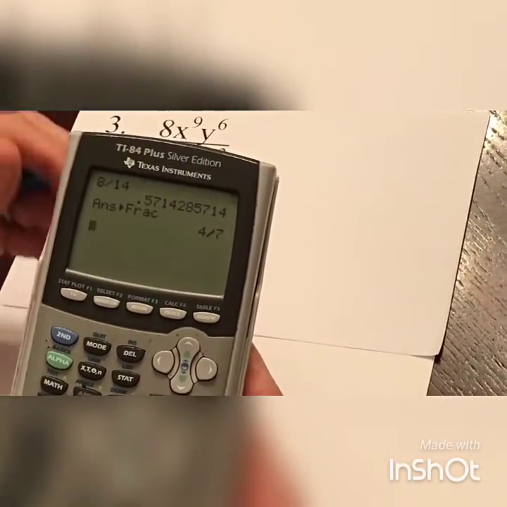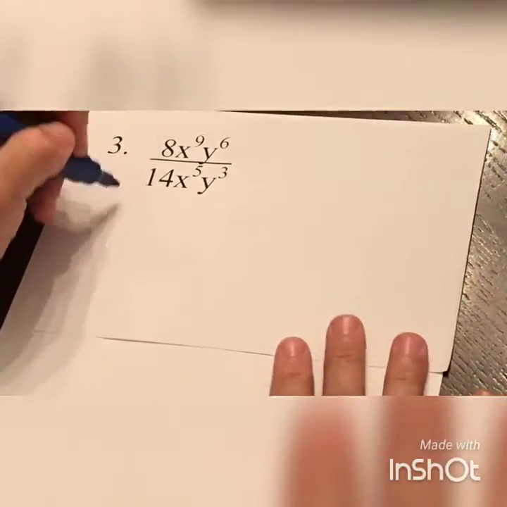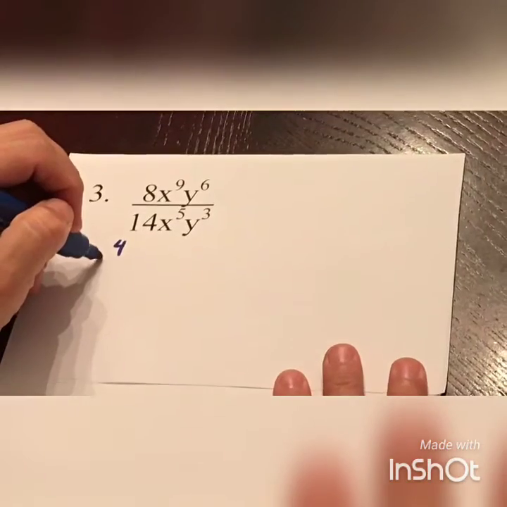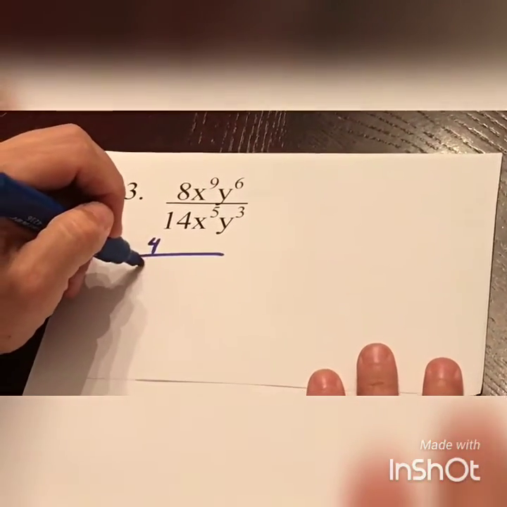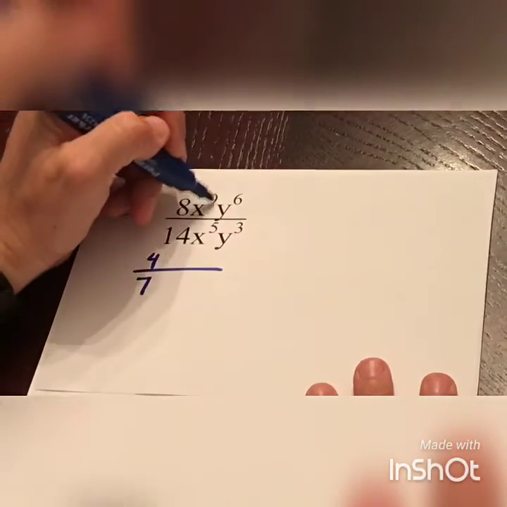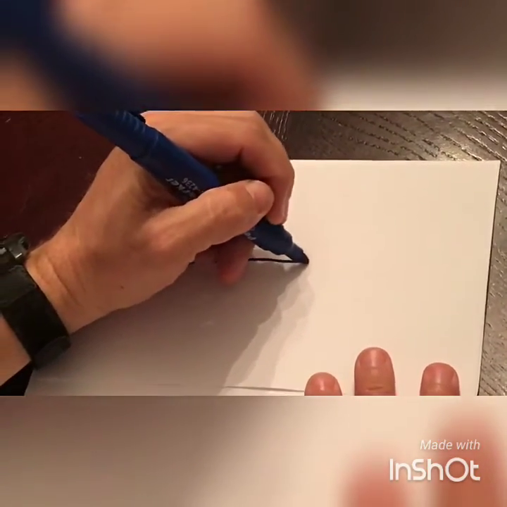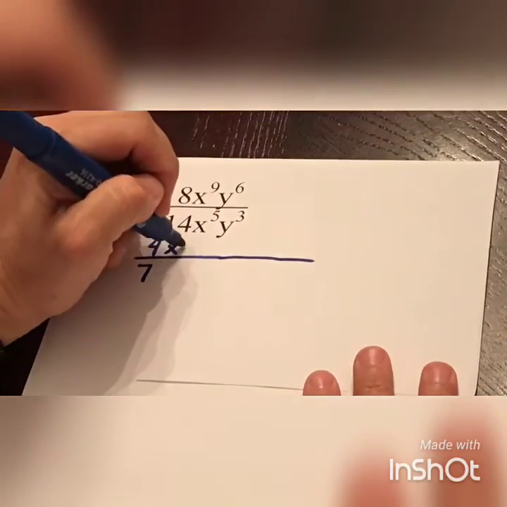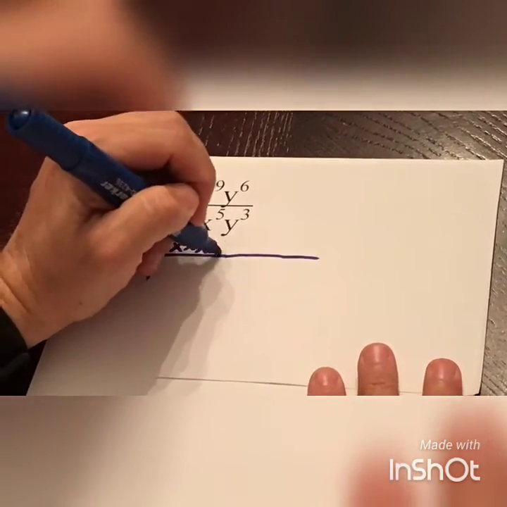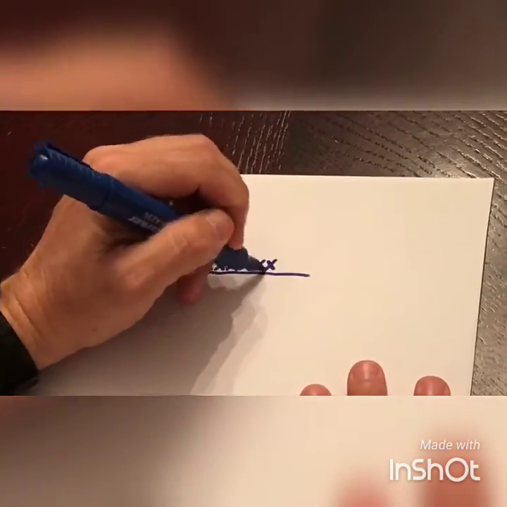We'll reduce it to our 4/7 fraction. 4/7. X to the 9th. Yes. Write out all 9 of them. 1, 2, 3, 4, 5, 6, 7, 8, 9.